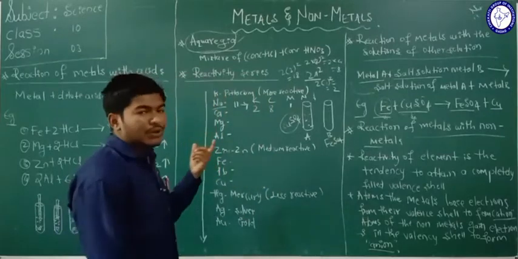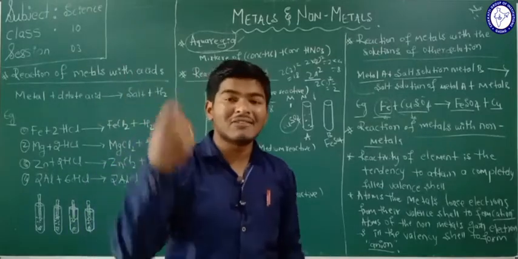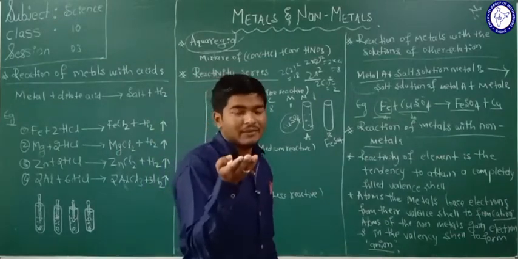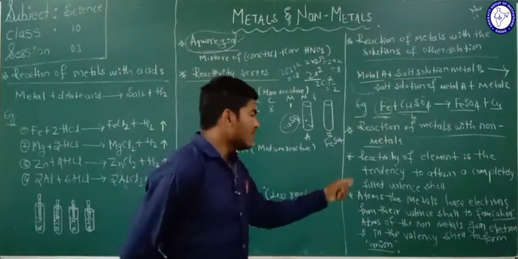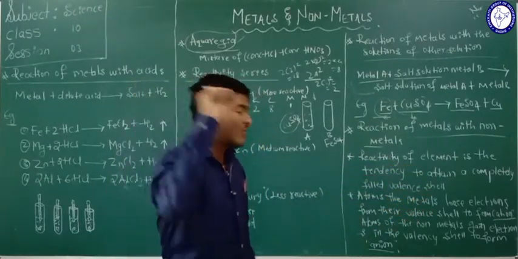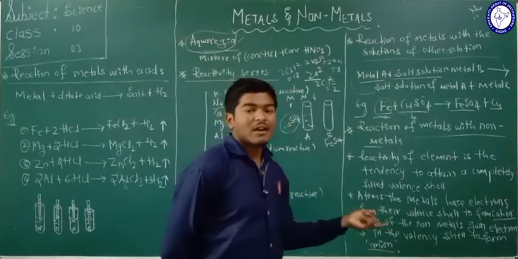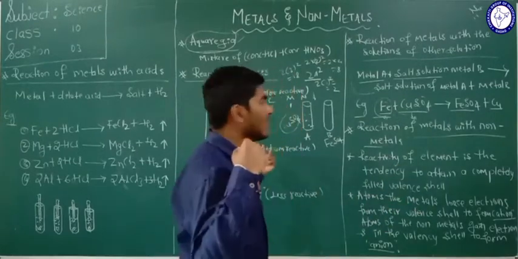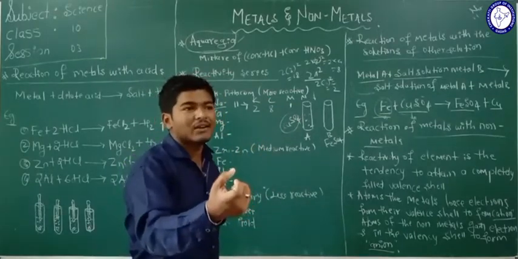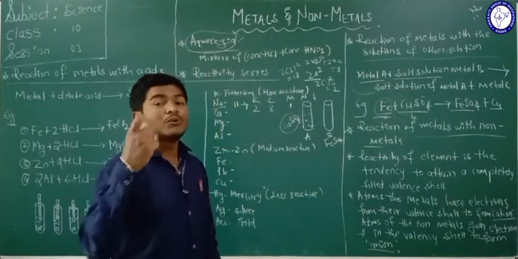Any metal you take here, metals always have free electrons, therefore they have the tendency to lose the electron to attain stability. Therefore atoms of the metals lose electrons from their valence shell to form cations, and atoms of the non-metals gain electrons in the valence shell to form an anion. So non-metals always accept electrons, but metals always lose electrons.